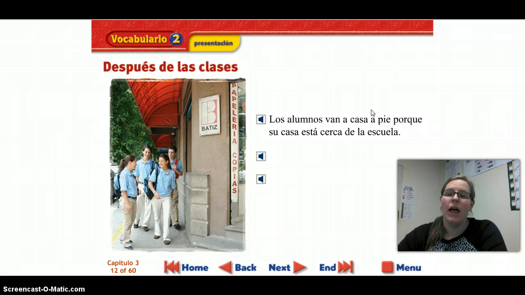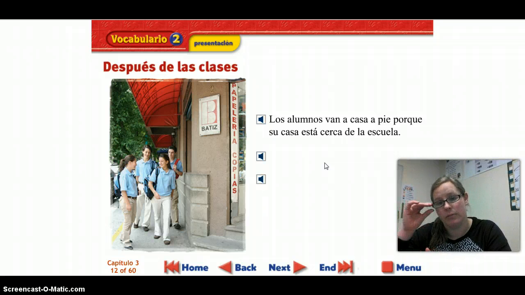So they don't go home on pie, they go home on foot. ¿Por qué? Because su casa está cerca de la escuela. So their house is close to school, so they can walk home. In District 81, if your house is within 1 mile of school, you usually have to walk to school or someone would have to drop you off, right? If you live outside of 1 mile from school, then you can take the bus. I think that's the normal guideline.